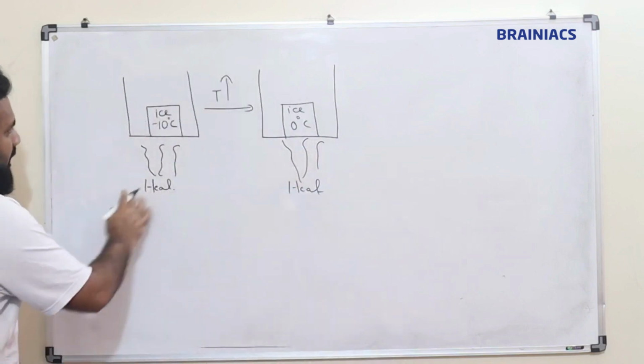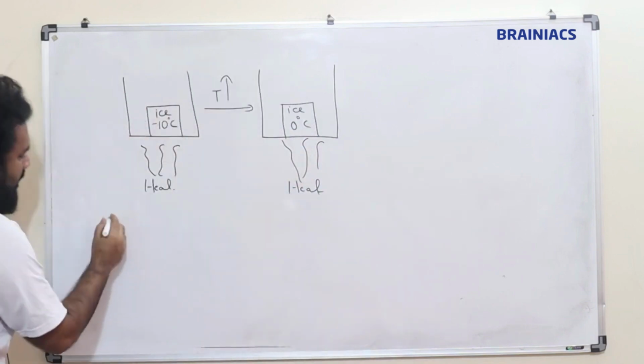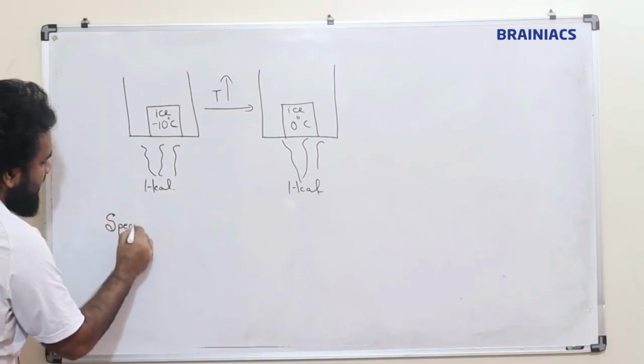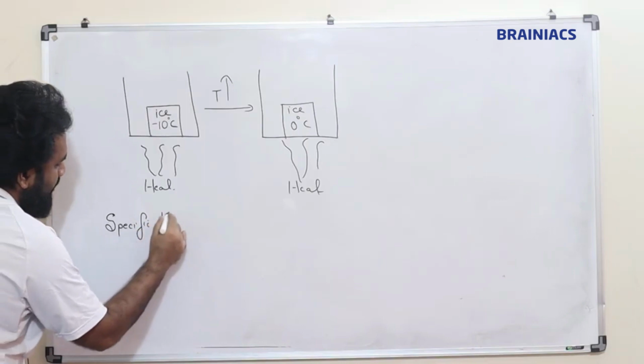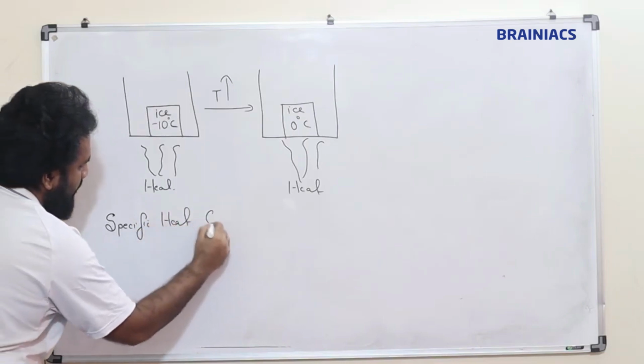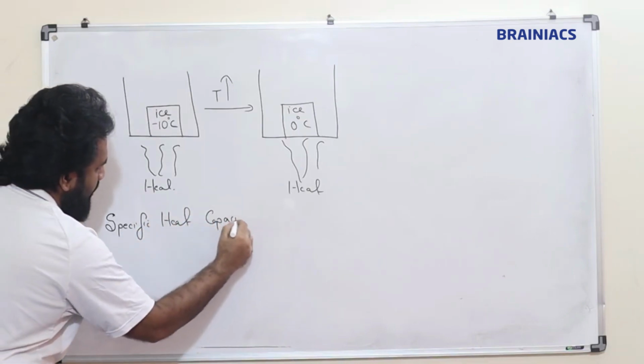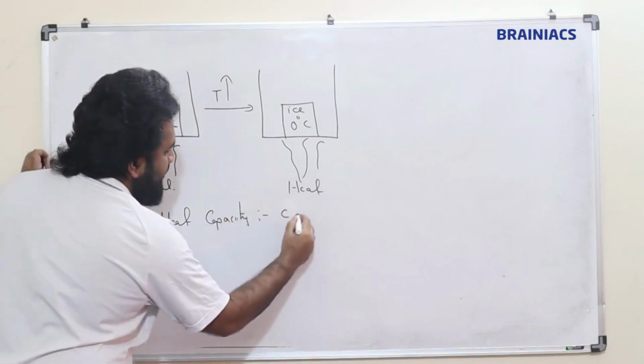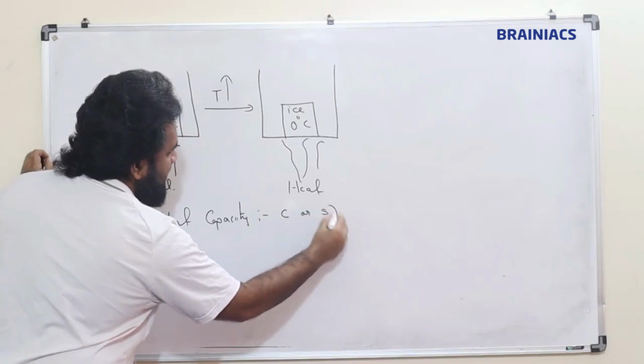So here in this process we are using specific heat capacity. This is denoted by C or S.